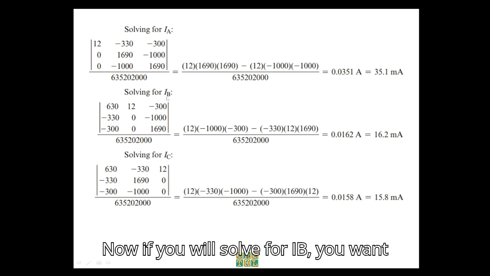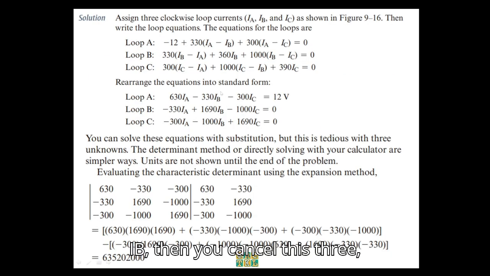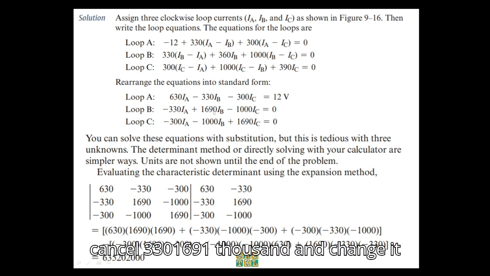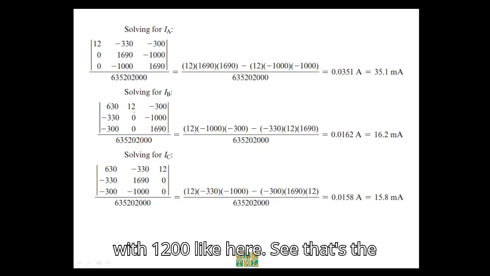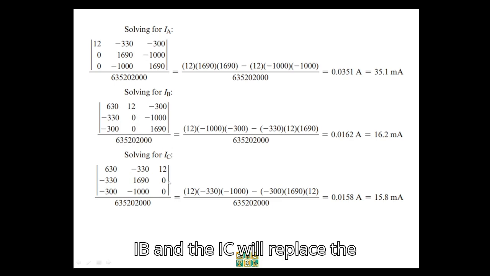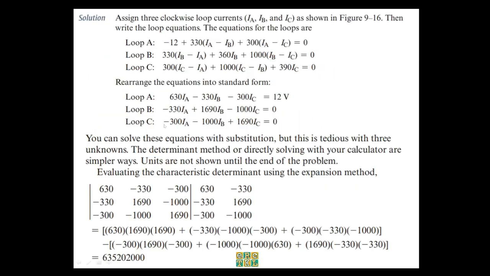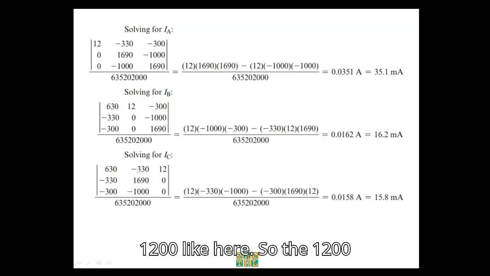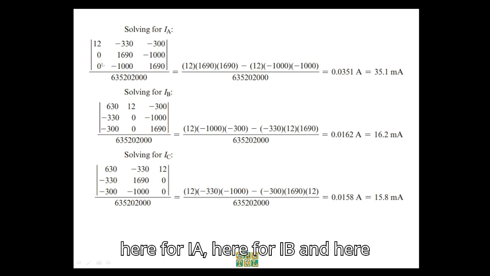Now, if you will solve for IB, then you cancel these three, 330, 1690, 1000, and change it with 1200 like here. See? That's the IB. And for the IC, we replace the 300, 1000, 1690 here with 1200 like here. So the 1200 here for IA, here for IB, and here for IC.